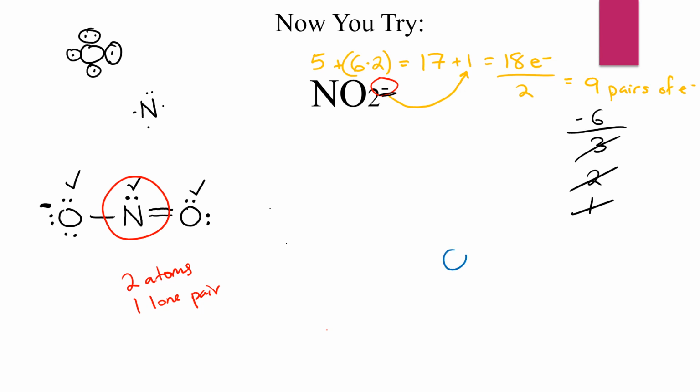Again, bent, and it has a double bond, so I'm going to draw a double bond. And over here, if I want to draw the other one, I can. Lone pair, and double bond, O, O. And there you have it, y'all. This is bent.